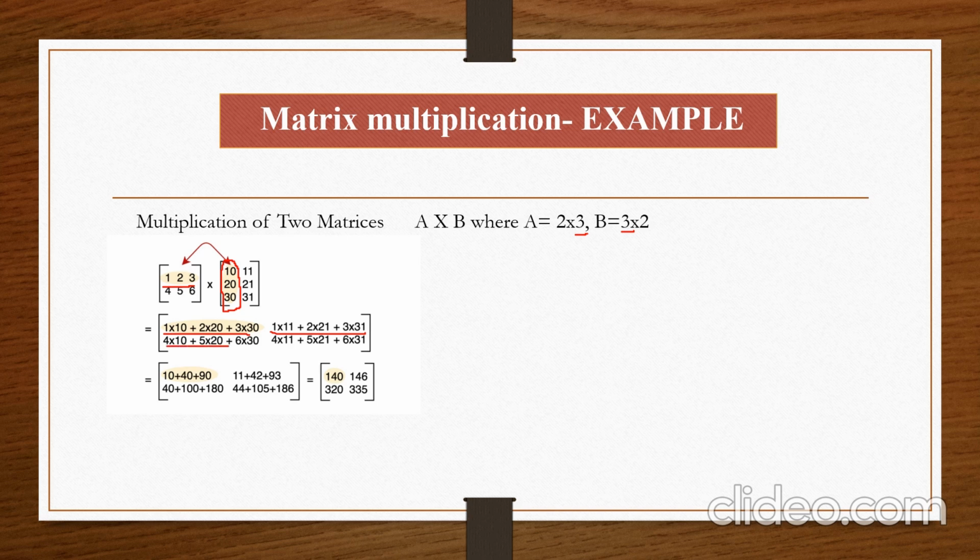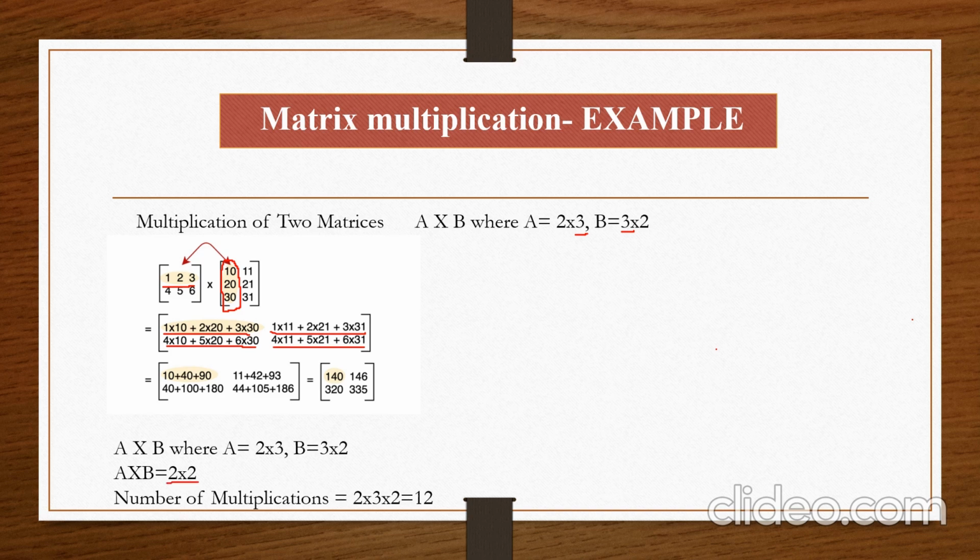Similarly, the second row of the first matrix with the first column of the second matrix, and second row of the first matrix with the second column of the second matrix. So after multiplication, the dimension of the resultant matrix will be 2 into 2.